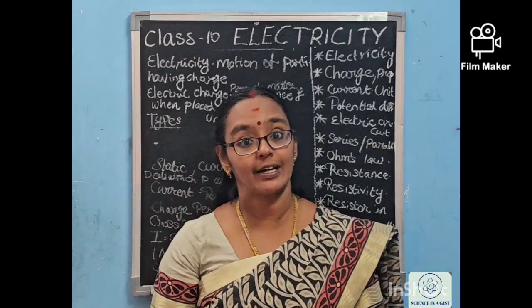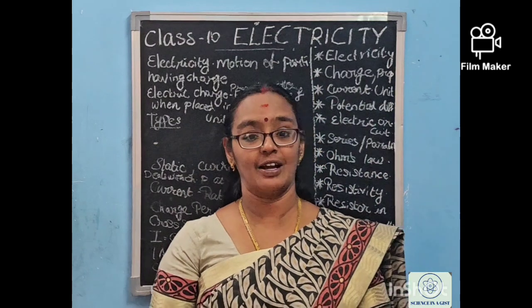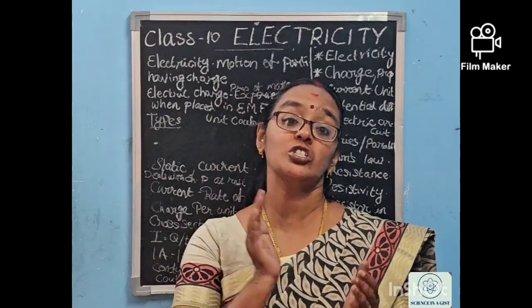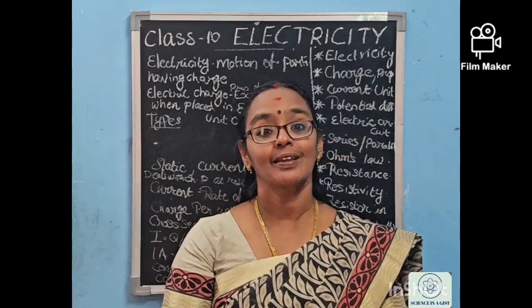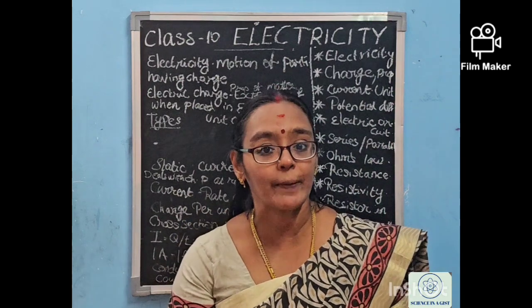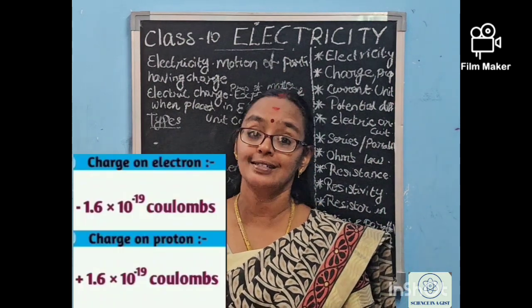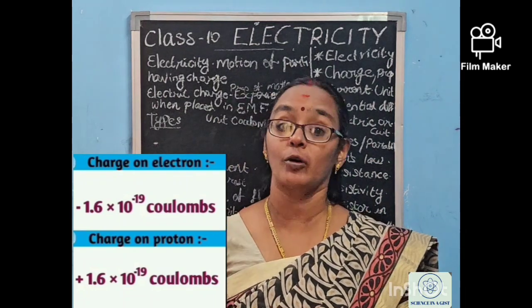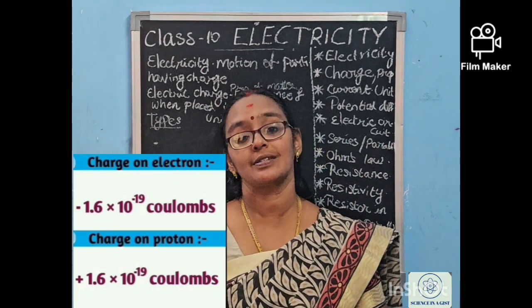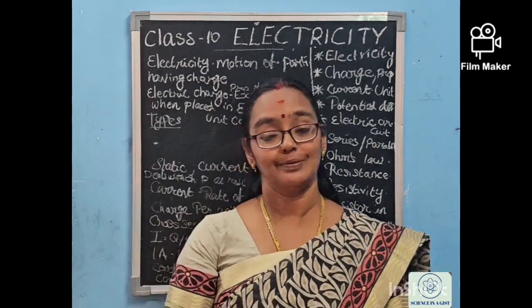When we say negative charge, electrons come to our mind, isn't it? We have learned in the 9th standard that the charge of an electron is minus 1.6 into 10 raised to minus 19 coulomb, while the proton has positive charge, plus 1.6 into 10 raised to minus 19 coulomb.